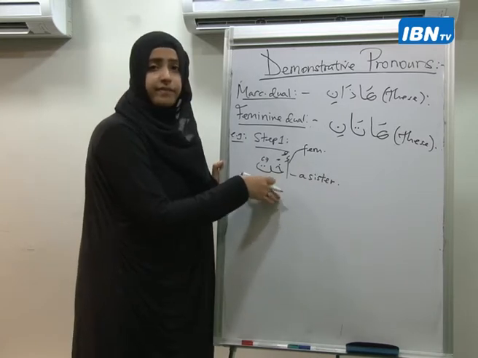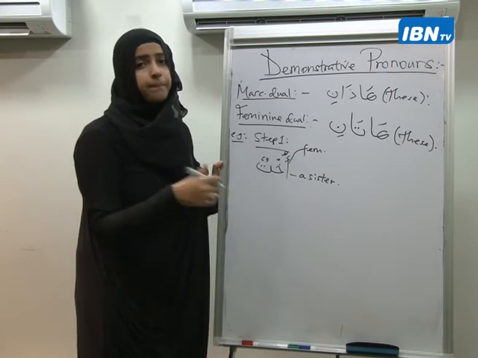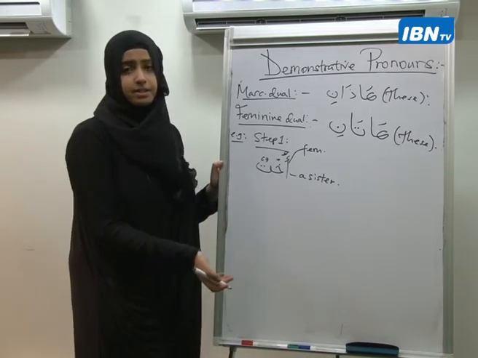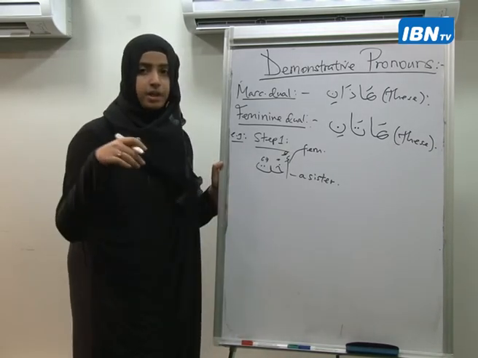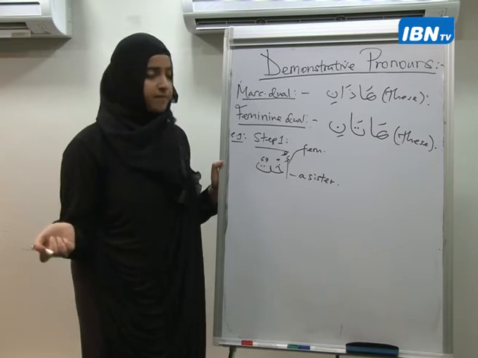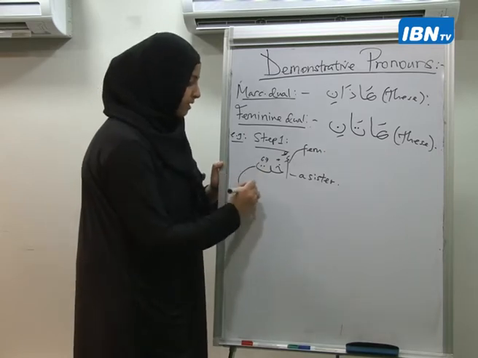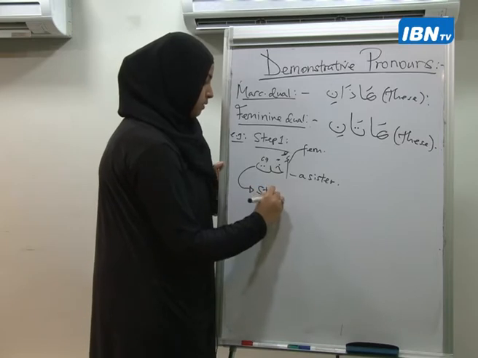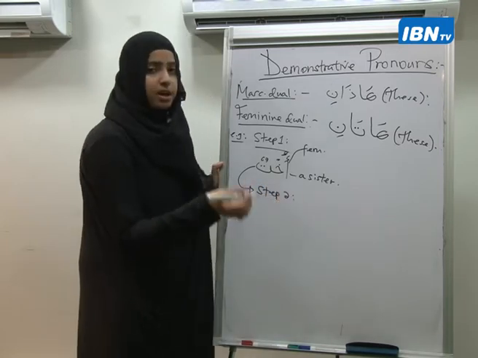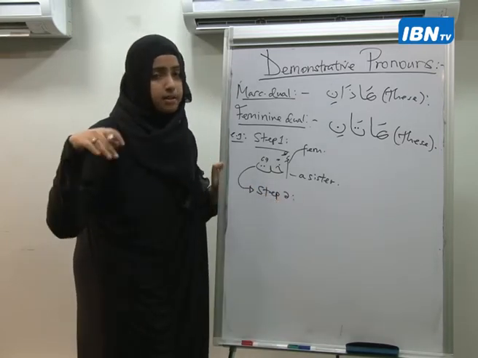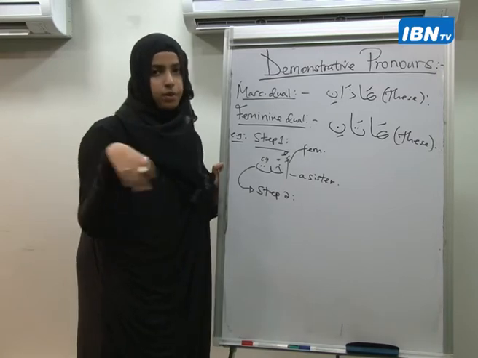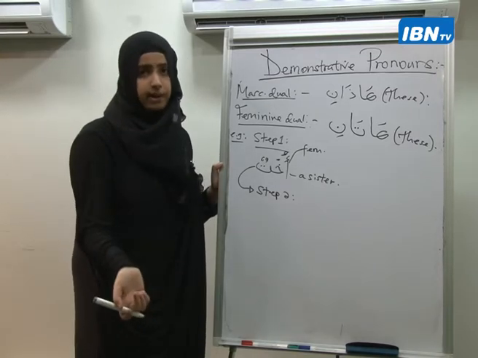Now I'm going to convert this word into dual. How will I convert it into a dual? By adding alif and noon from our previous session. So I'm going to convert this in step 2. Usually in feminines, we convert the ta marbuta to an open ta, alif and a noon kasra, right?